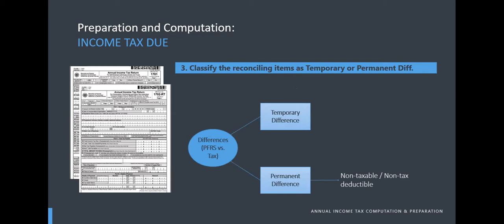So the taxpayer only has the benefit of non-taxability for the same period only and not on the succeeding period. So kumbaga, i-apply lang permanent difference kung kailan lang siya, during the same taxable year lang. So, hindi siya naki-carry over to succeeding periods.